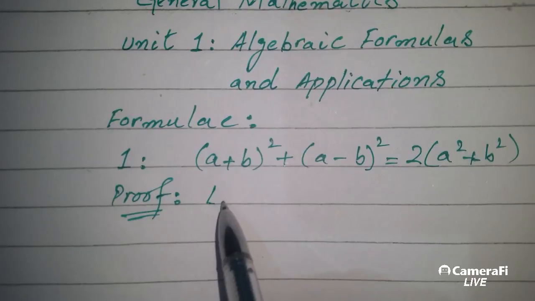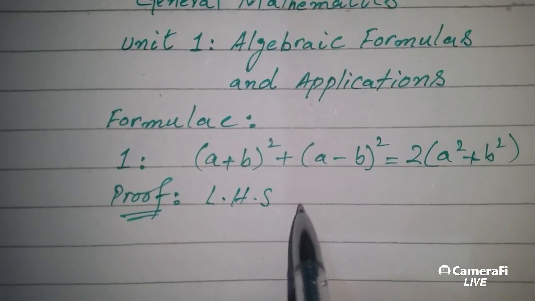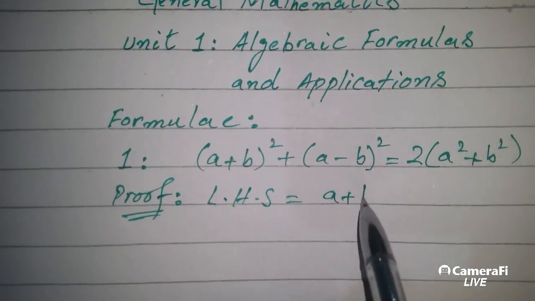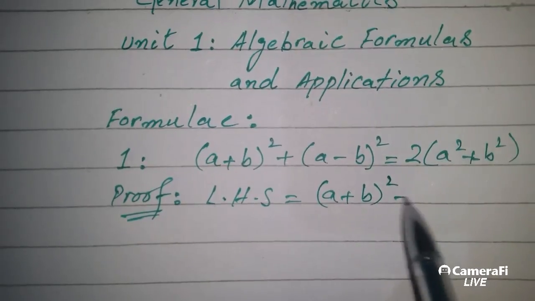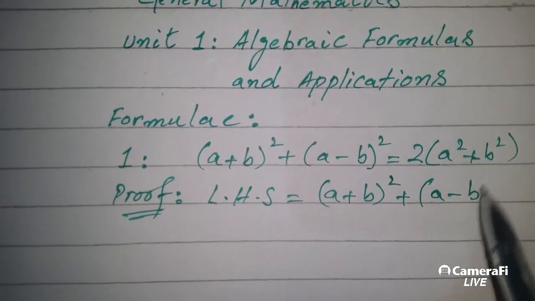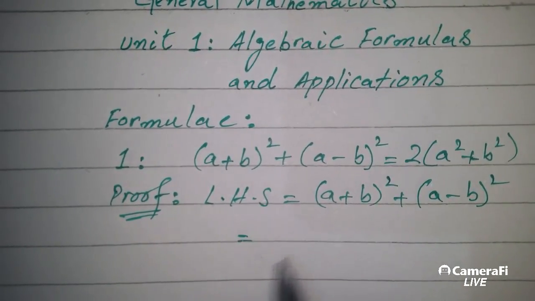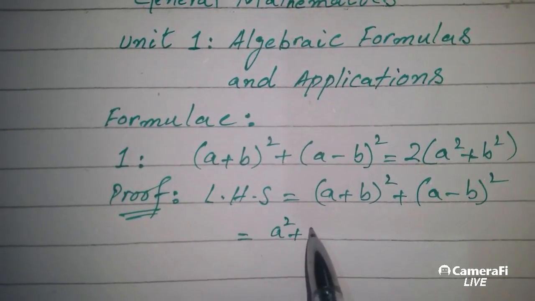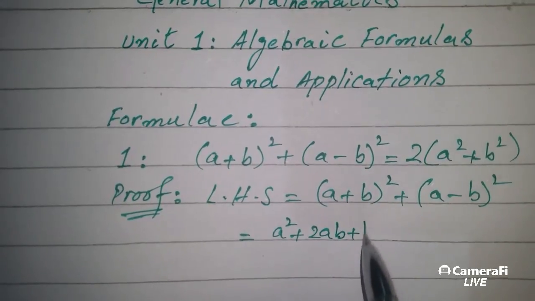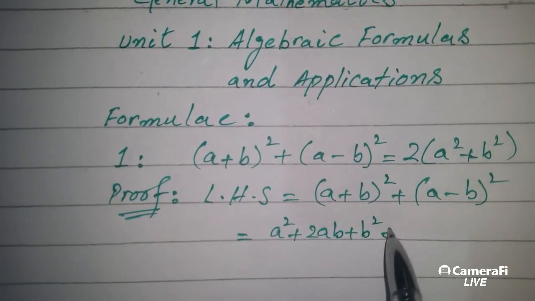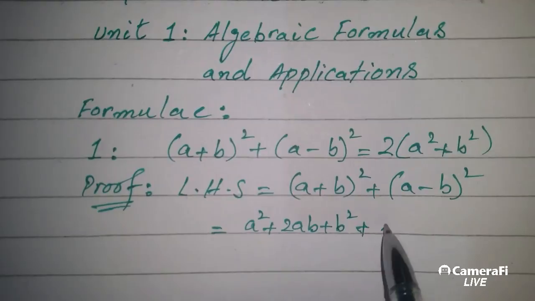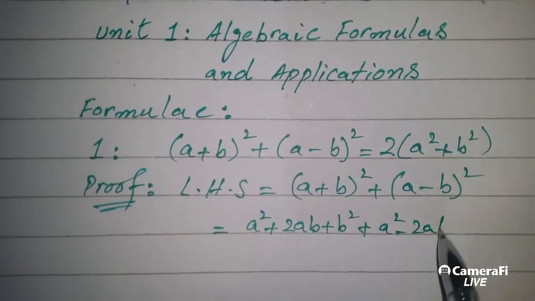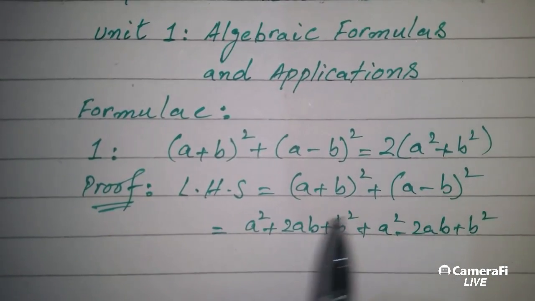Taking the left hand side, this can be expanded as a square plus 2ab plus b square, and a square minus 2ab plus b square.